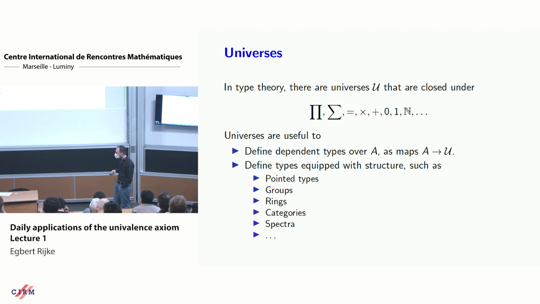And why would we be interested in having universes? It's going to be useful for one reason, that dependent types over any type are maps from that type into the universe, at least the small dependent types. But we can also use this to express structured types, such as the type of pointed types, or we can define the type of all groups, all rings, all spectra, and so on. So universes are useful for that.